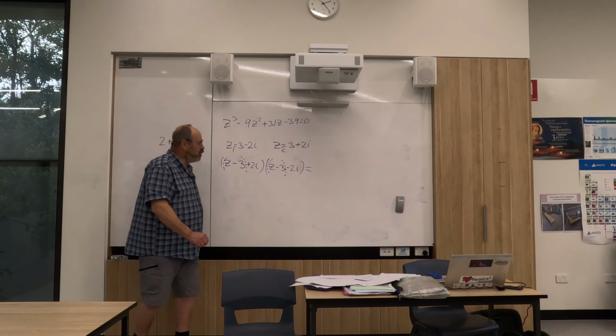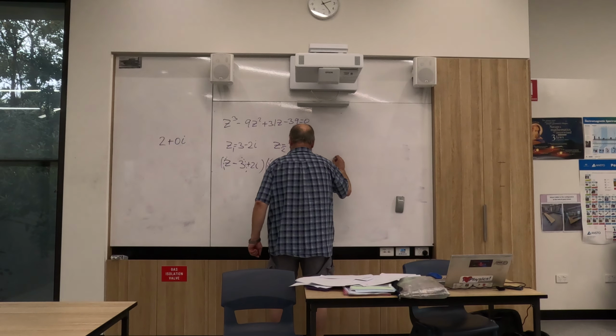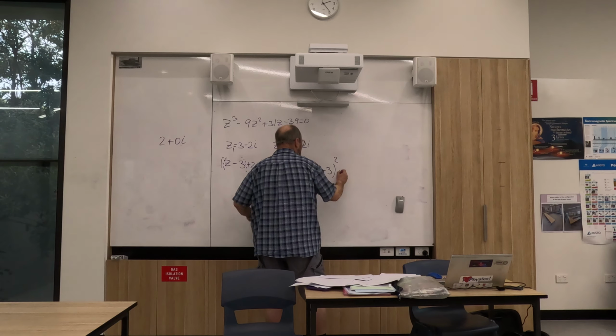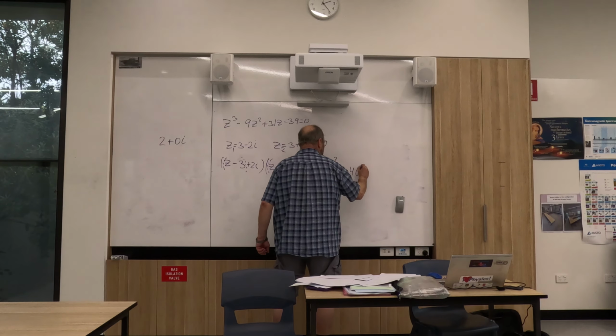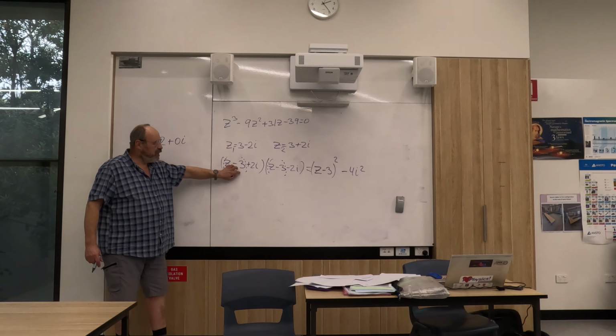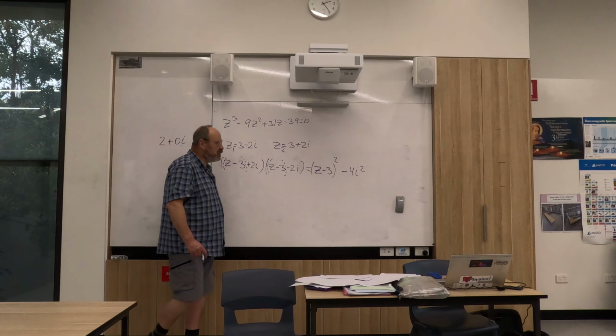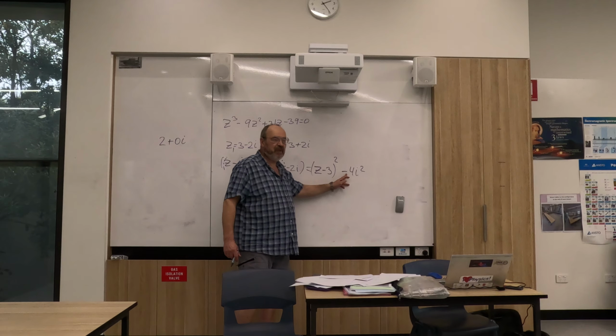So it will be equal to (z minus 3) squared minus (2i) squared. Can you see that? When we combine this z minus 3, then plus and minus gives minus (2i) squared, which becomes plus 4.